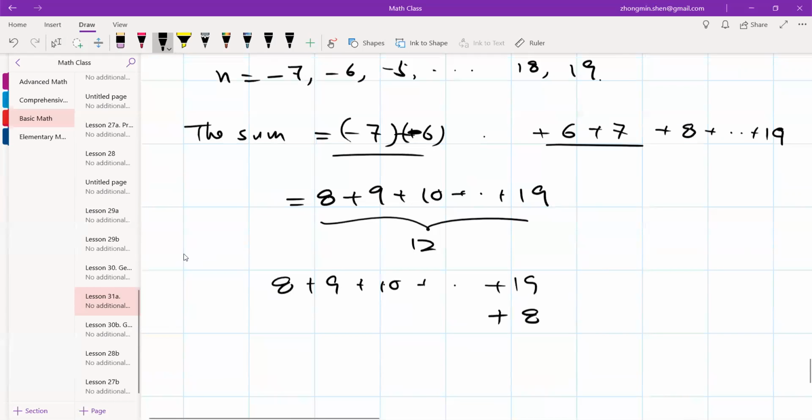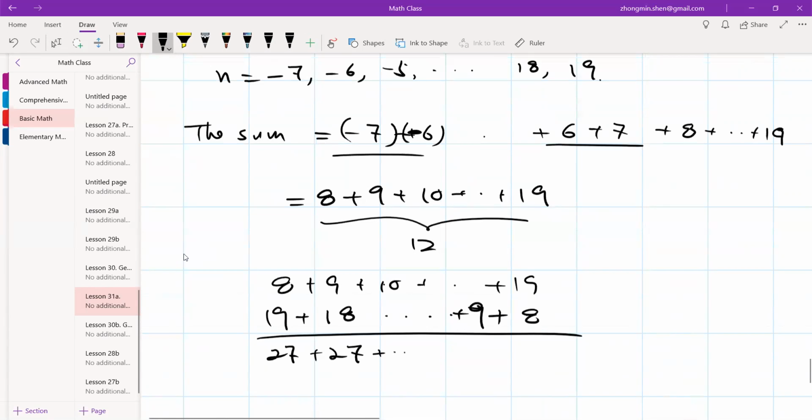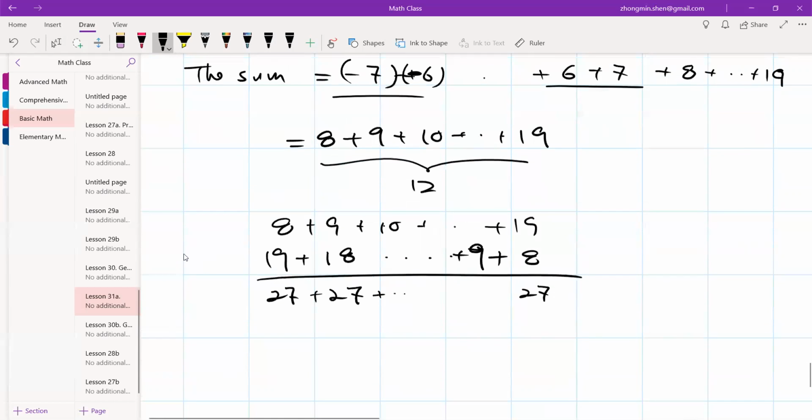It's from 8 and 9 and so on. This is 18. This is 19. Right? Double it. If you double it, every pair you have here is going to be 27, and this also 27, and so on. So the total will be 27 times 12.